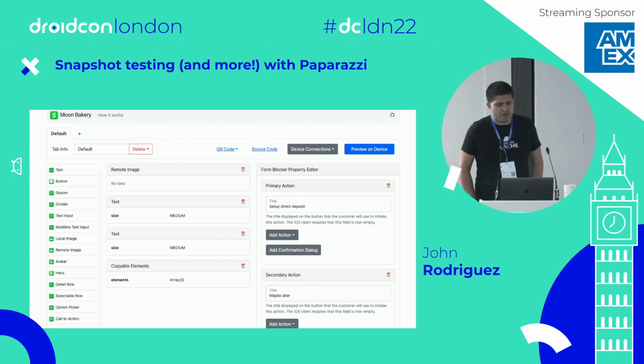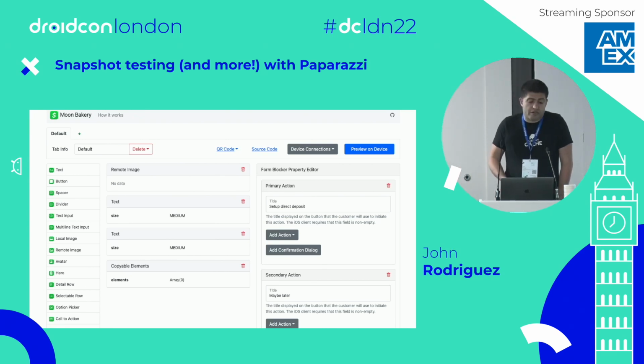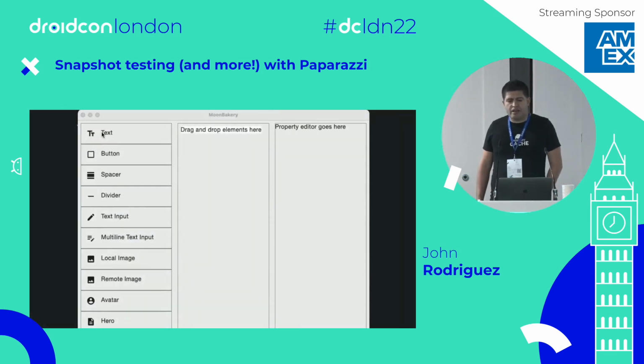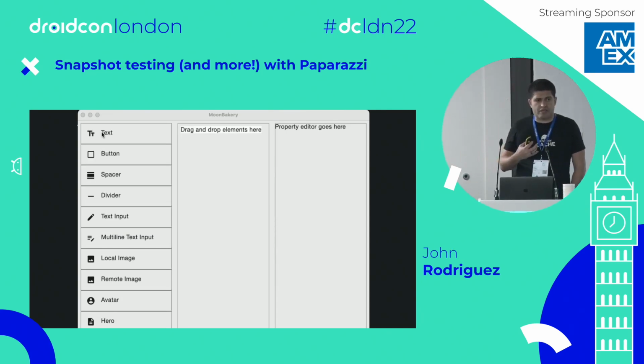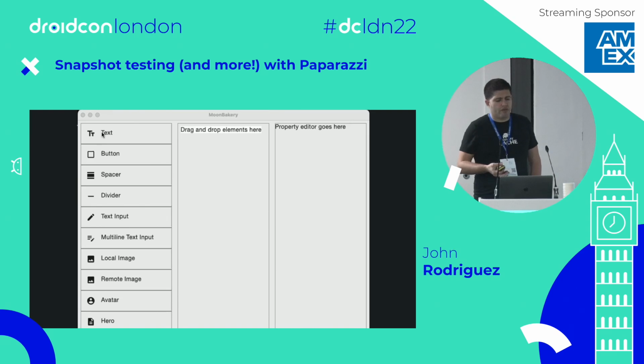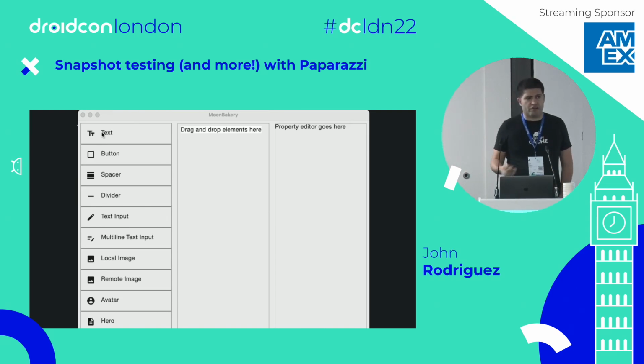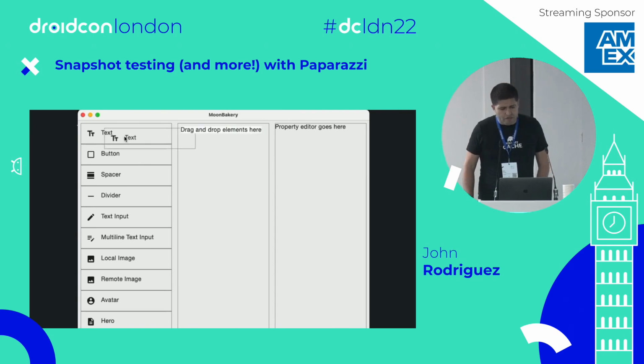Server engineers dread doing this, and designers probably don't even want to do this. They just want to see if it renders on a device so they can make iterations. So what if we can now not just use Paparazzi for internal development tasks, but also enable server engineers or designers to see renderings in real time without having the same toolchain problems that we have. So we have a proof of concept of this right now.